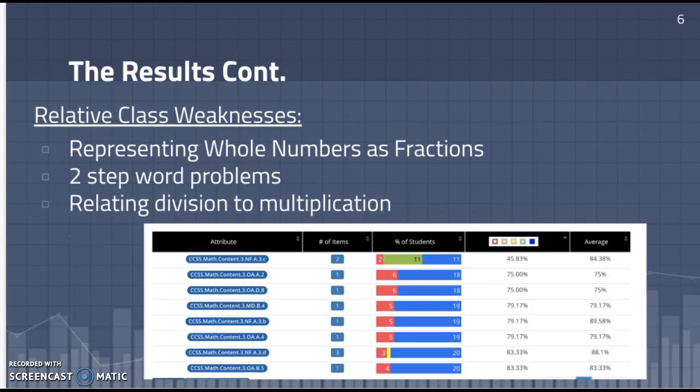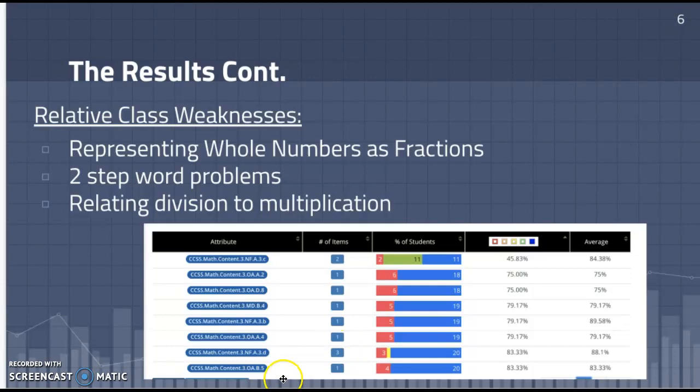However, some of the standards were not as successful. You can see from this data that there's a lot more red and some green and yellow going on. These standards related more to whole numbers as fractions, so being able to put the number 4, for example, as a fraction. Two-step word problems, which are a little bit more complex. It's something that my grade has been really working on this year because they're very challenging for third graders.